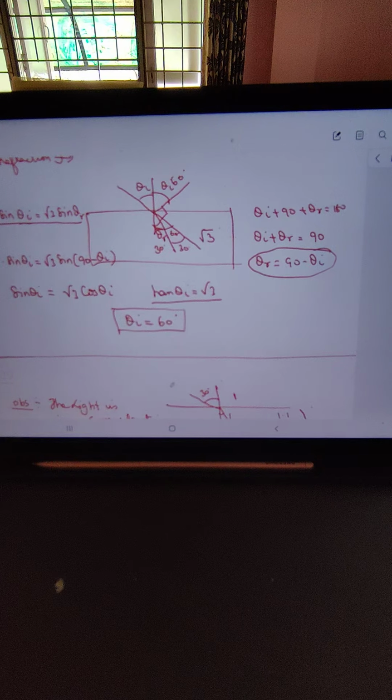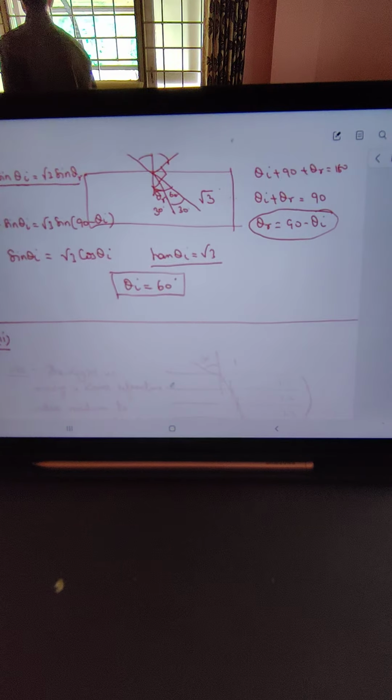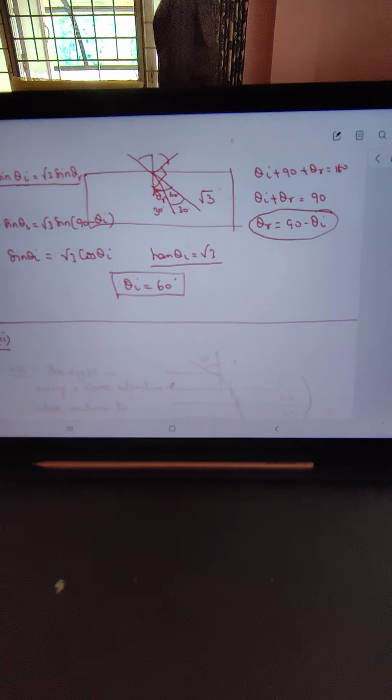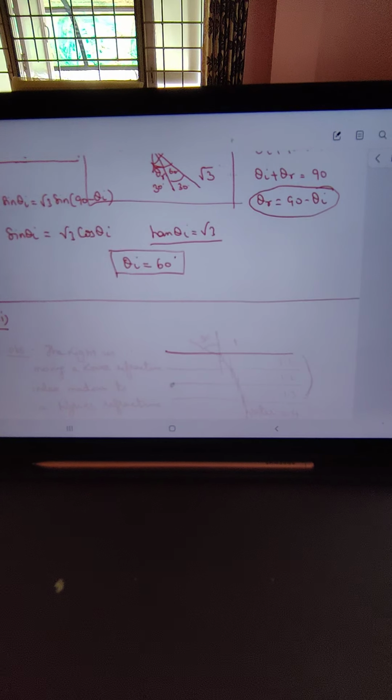We can consider yet another problem, a simple problem. Let us move on to that. Another problem says light is incident from air on a liquid layer at an incident angle of 30 degrees.